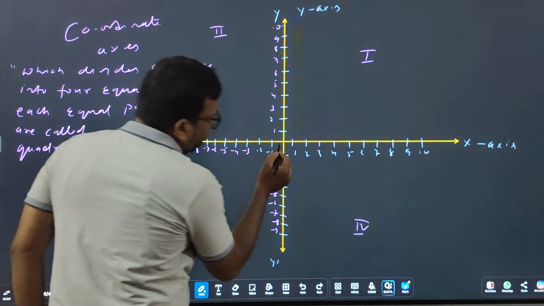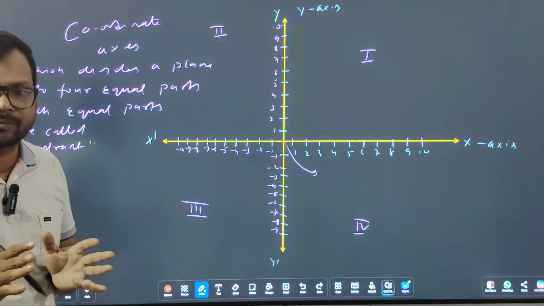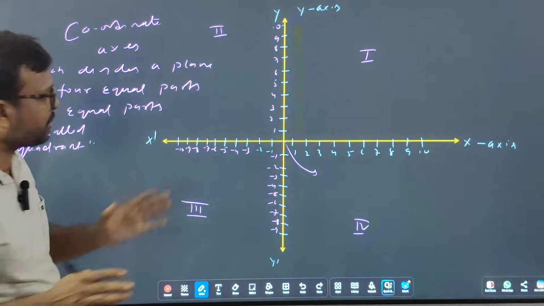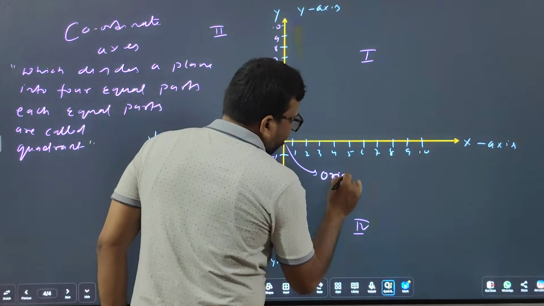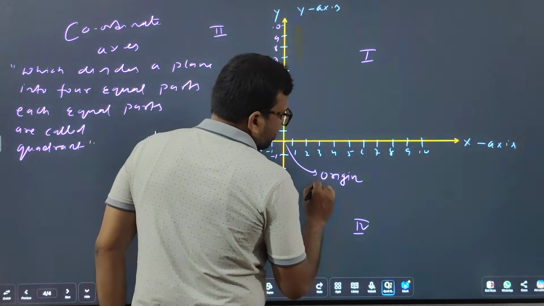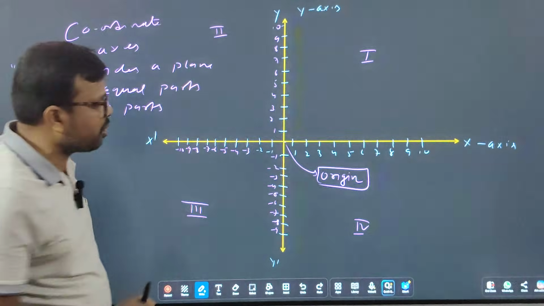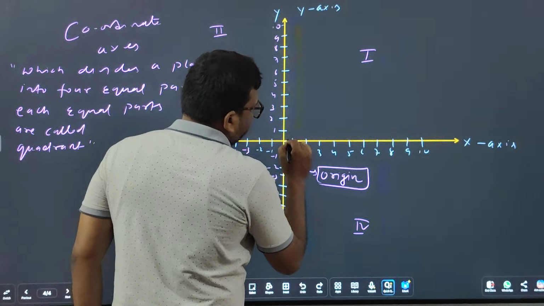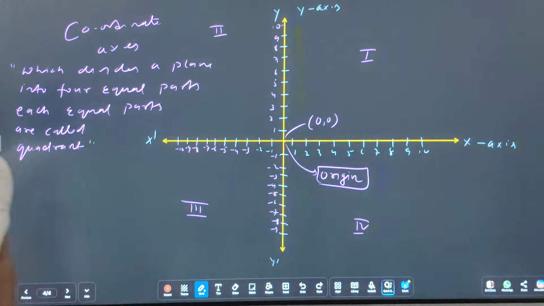Now here is one important thing: the intersecting point of the coordinate axis is called the origin, and the coordinate of the origin is always what? 0, 0.